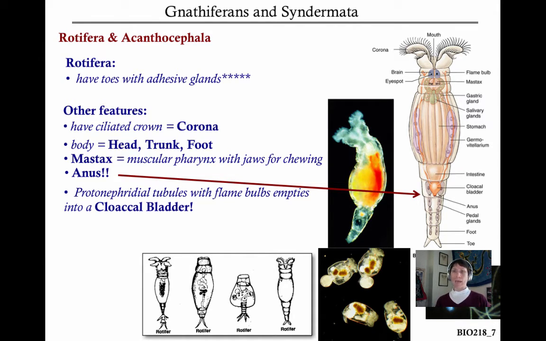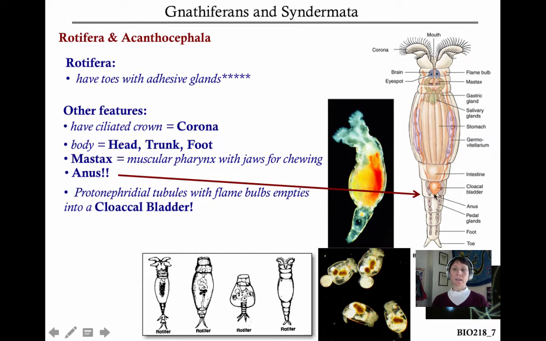You might also have reproductive products, so you might have eggs, you might have sperm, or if you're female, you might have babies that are discharged through the same single opening. So instead of having separate openings for digestive waste, metabolic waste, and reproductive products, it's all coming out the same opening.